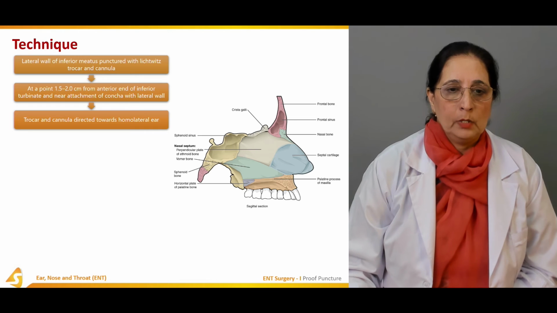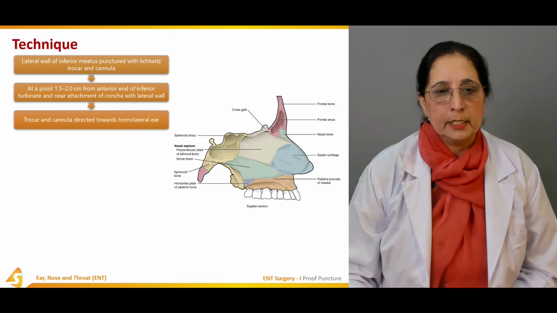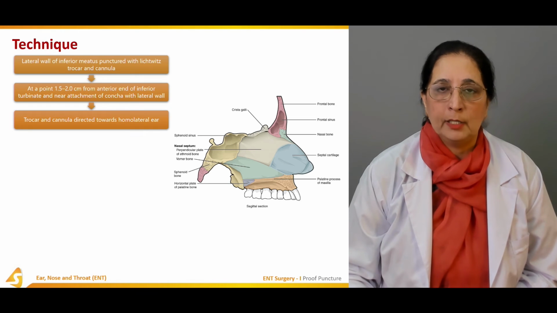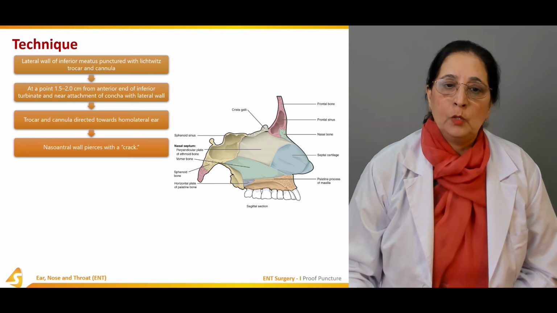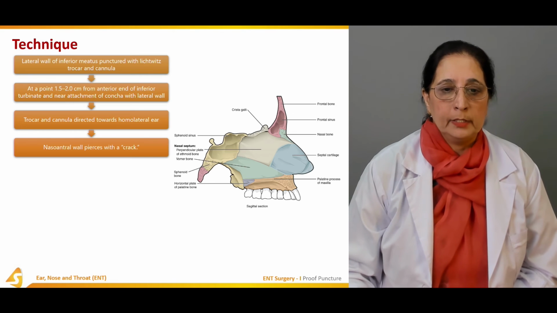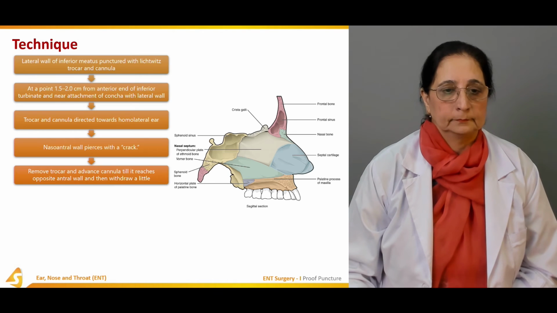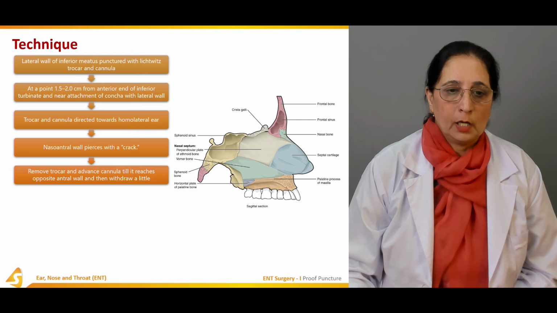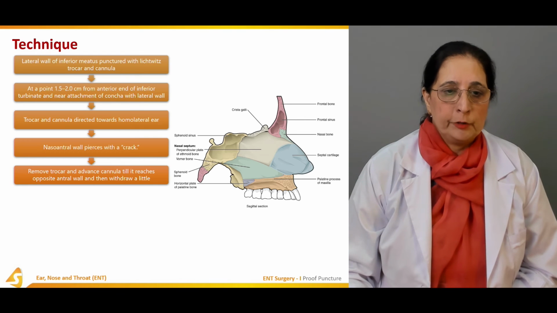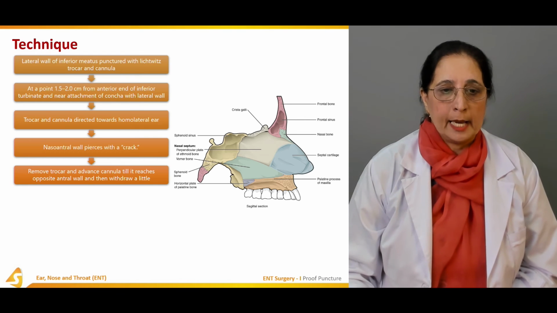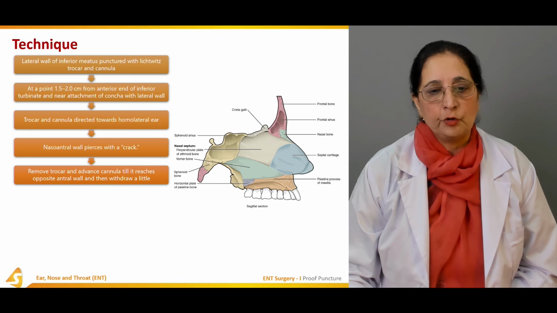The trocar and cannula are directed towards the homolateral ear. The nasoantral wall is pierced with a crack. Remove the trocar and advance the cannula until it reaches the opposite antral wall, and then withdraw a little.